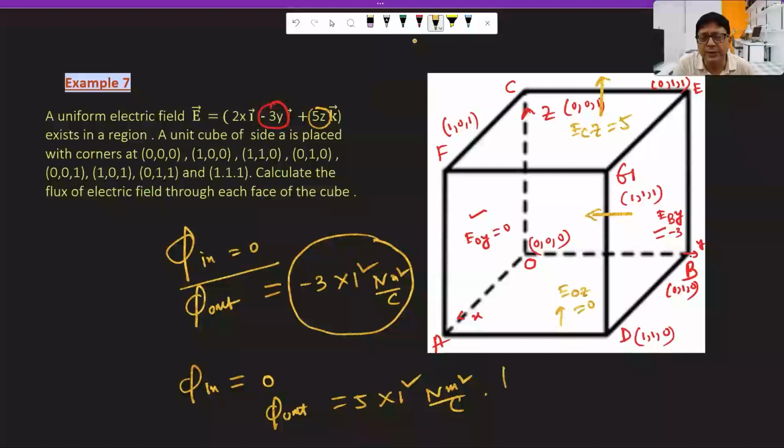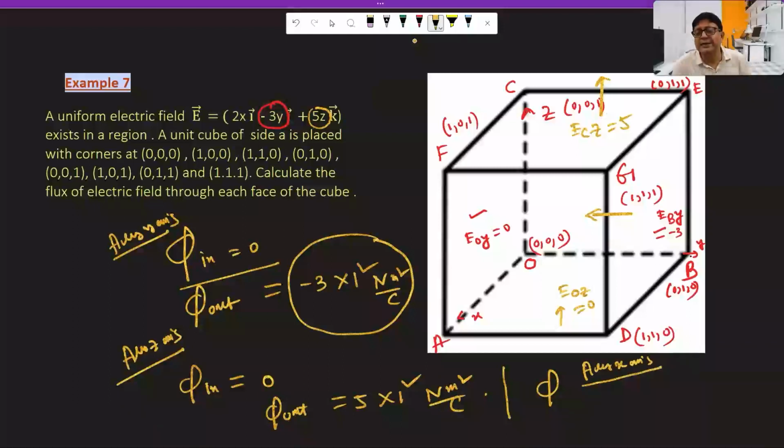Similarly, let me calculate phi. For this we did first one along y-axis. This is along z-axis and this one along what? Along x-axis. Along x-axis field is 2x.